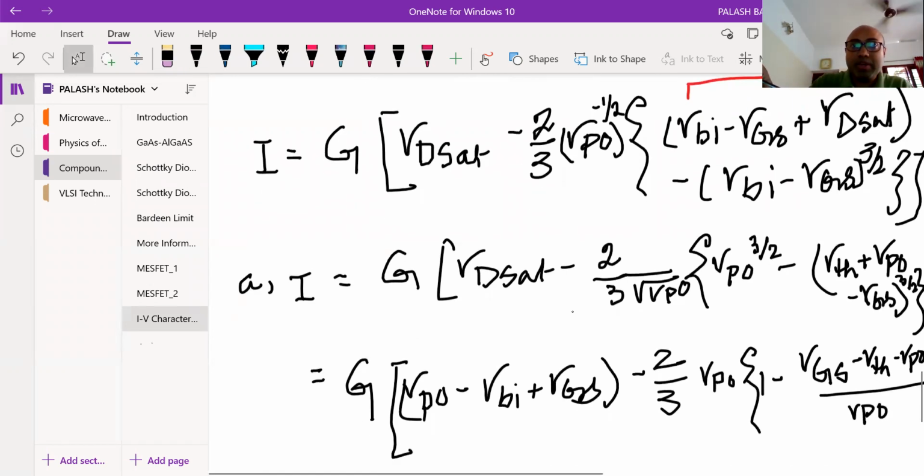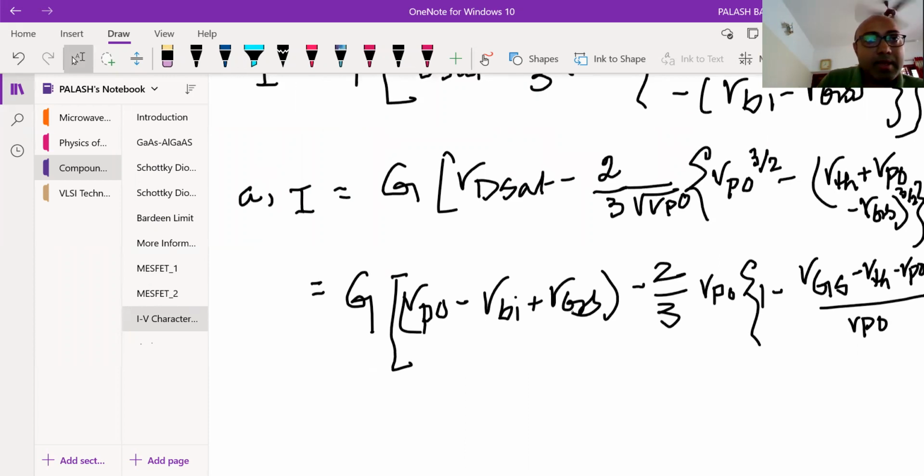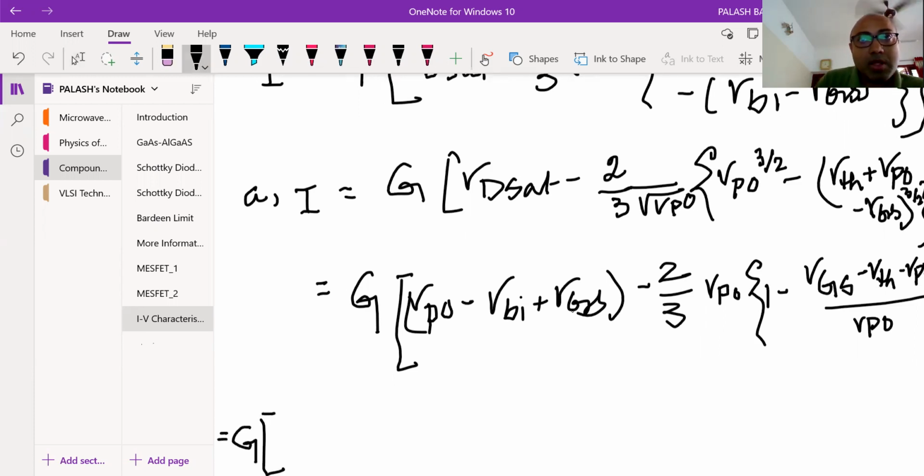Please help me if I do any mistake. So VP0 minus VBI is nothing but threshold voltage.